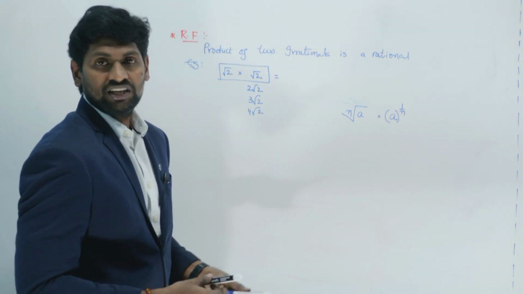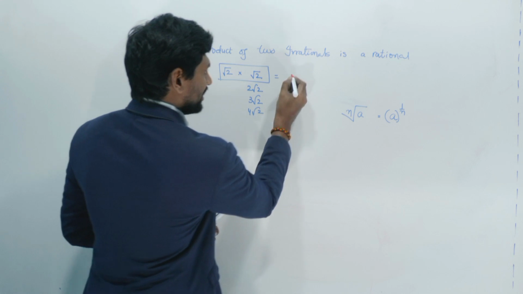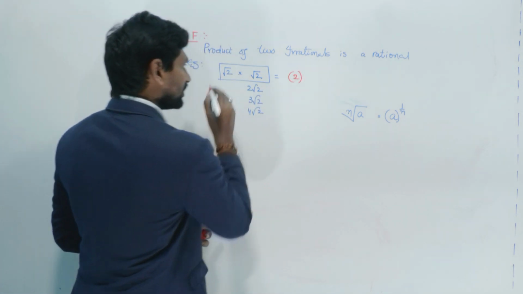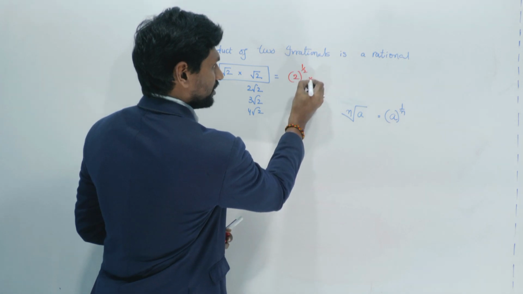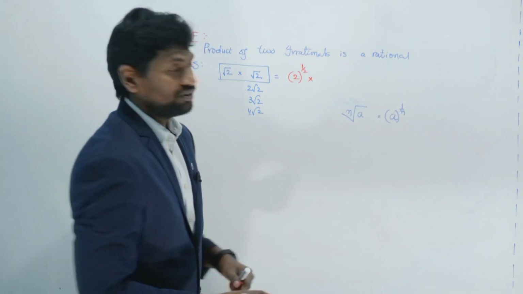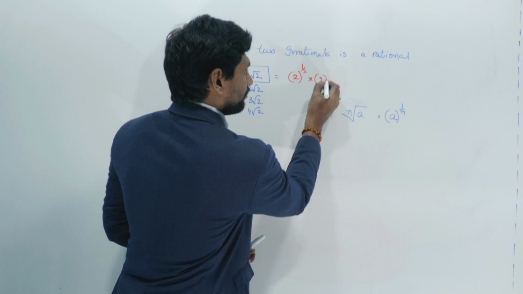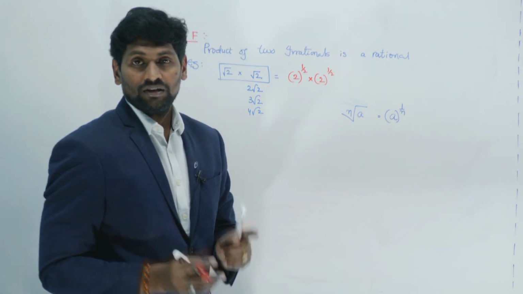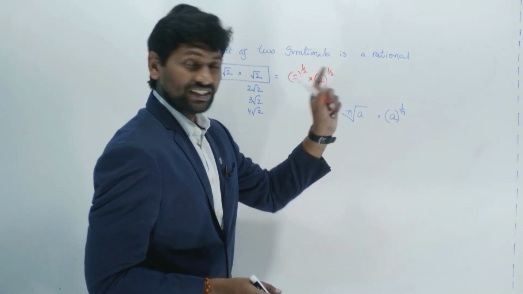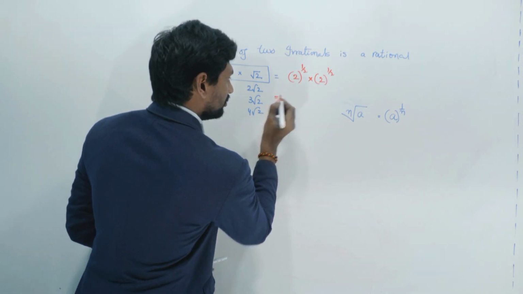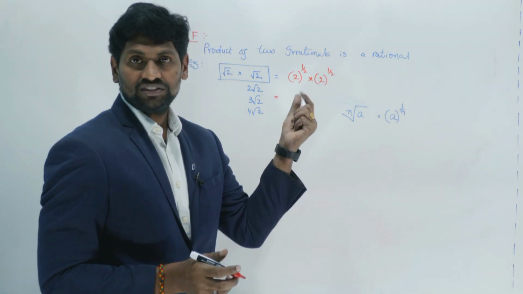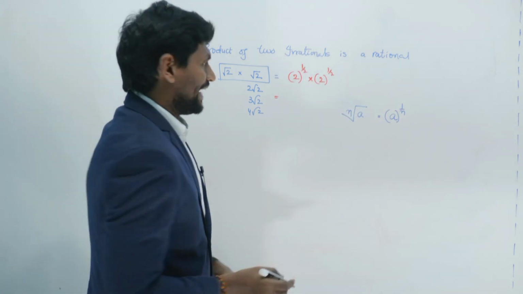In the same way, root 2 is nothing but square root 2, which is 2 power 1 by 2, into the second one also 2 power 1 by 2. Using the laws of exponents, because both have the same base 2, we can add the exponents.